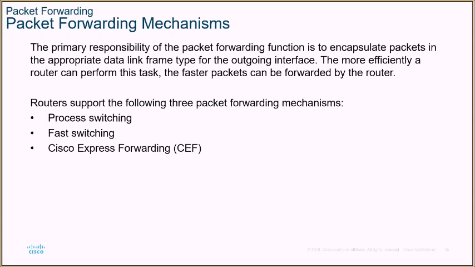So the primary responsibility of a packet forwarding function is to encapsulate packets in the appropriate data link frame of the outgoing interface. The more efficiently a router can perform this task, the faster packets can be forwarded by the router. And so there's 3 packet forwarding mechanisms available in Cisco routers. One is process switching.